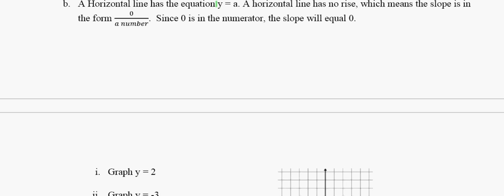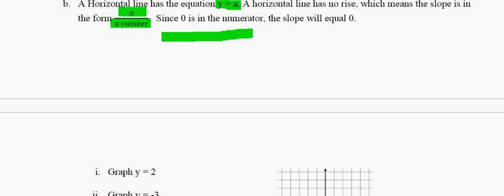Okay, horizontal lines work similarly, except in a horizontal line, the equation is y equals a number. If you picture a horizontal line, let me just draw a horizontal line. This is a fat horizontal line. Notice my horizontal line never rises. It only runs. Remember, slope is rise over run.